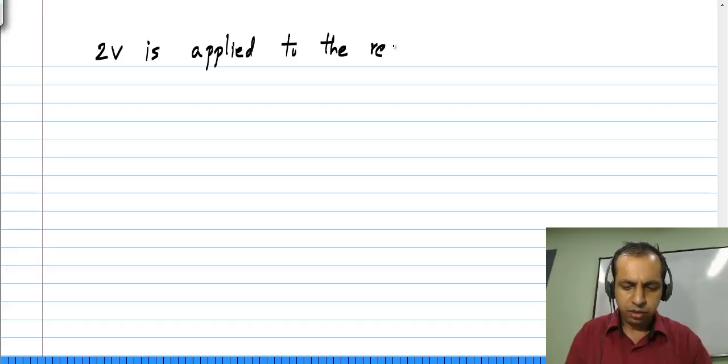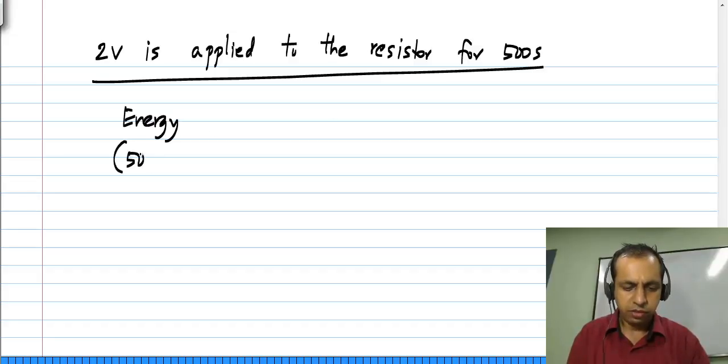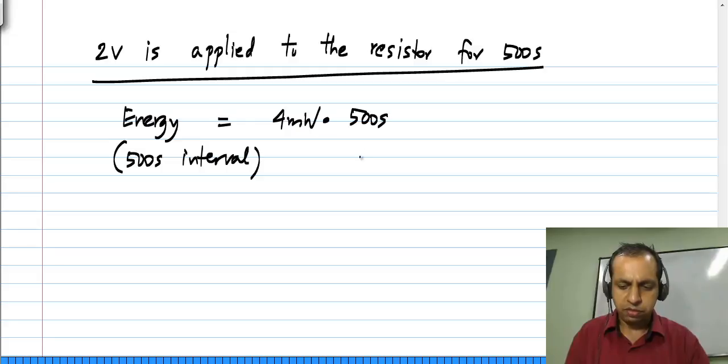Now, let us say this 2 volts is applied to the resistor for 500 seconds. Okay. So, the energy delivered in this 500 second interval is the power, which is 4 milliwatt, times the time, which is 500 seconds.